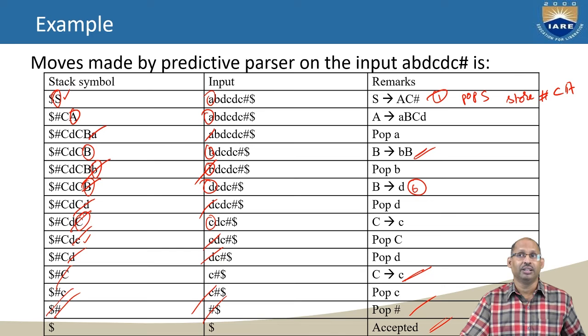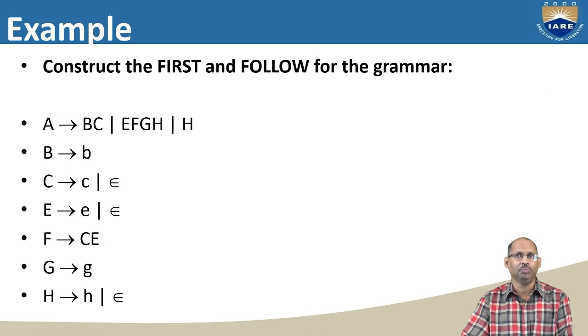By using derivation steps from the grammar and the predictive parsing table, we finally got the input empty and the stack with $. So the string is accepted. For any other combination, the blank spaces are simply error messages. So we'll see one more example.